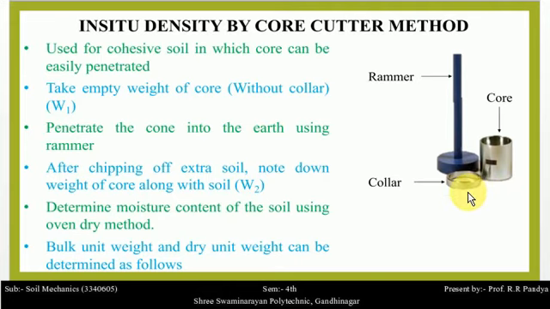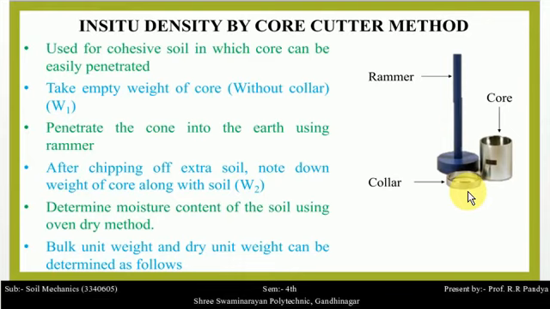Now take a look at the core cutter method. The core cutter method is used for cohesive soil in which the core cutter can be easily penetrated. Take the empty weight of the core without collar and consider it as W1.